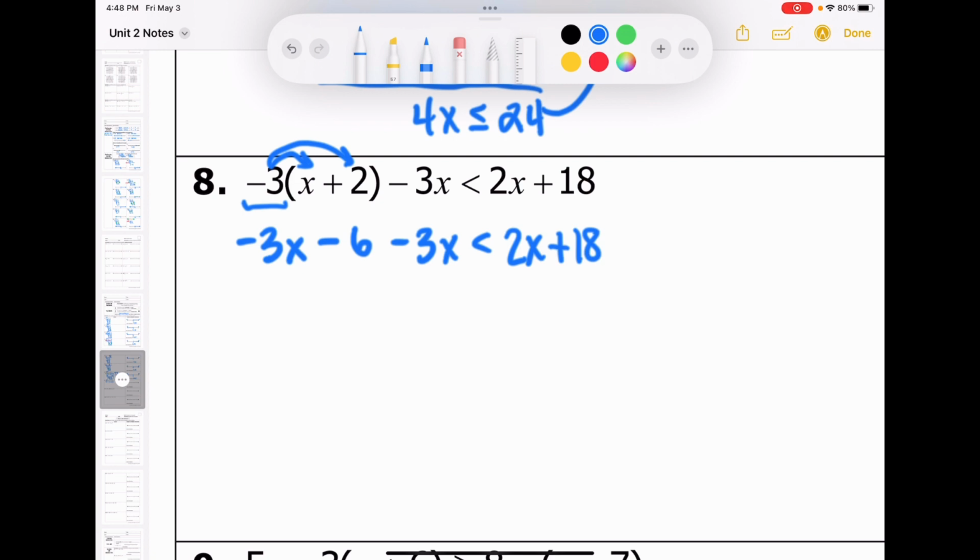All right, like I said before, before I start moving things to the other side, I need to combine like terms on either side if it's needed. So here I have negative 3x and a minus 3x. So I can combine those and get a negative 6x.